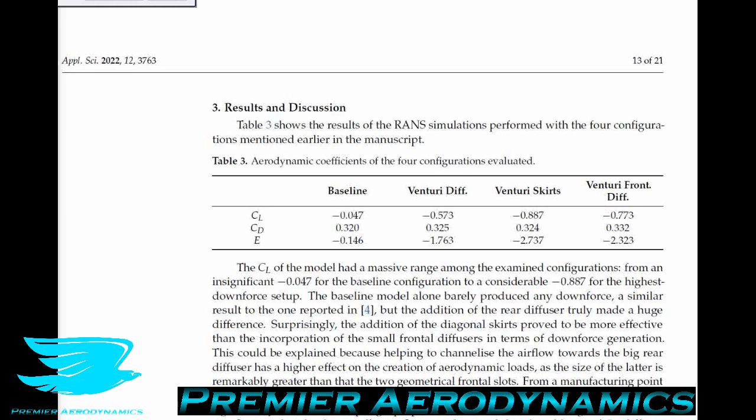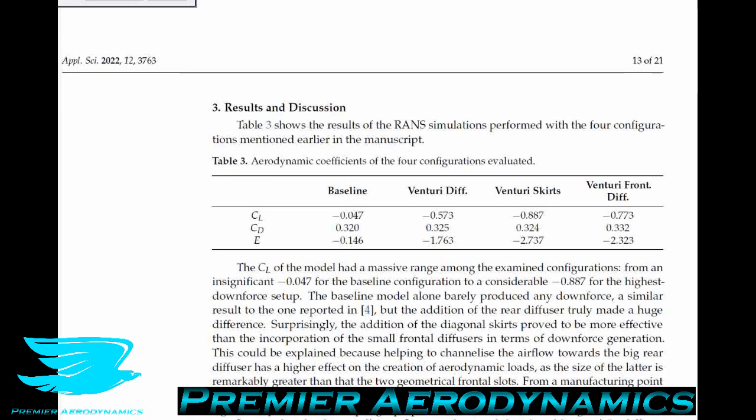I should note that this drag coefficient increase of 2.5% could just be error of CFD as well, considering the fidelity of the CFD model. So with this setup of the front diffuser, skirts, and rear diffuser, the lift to drag ratio drops to 2.3, which is 50% worse than if you just had the skirts and diffuser and no front diffuser.